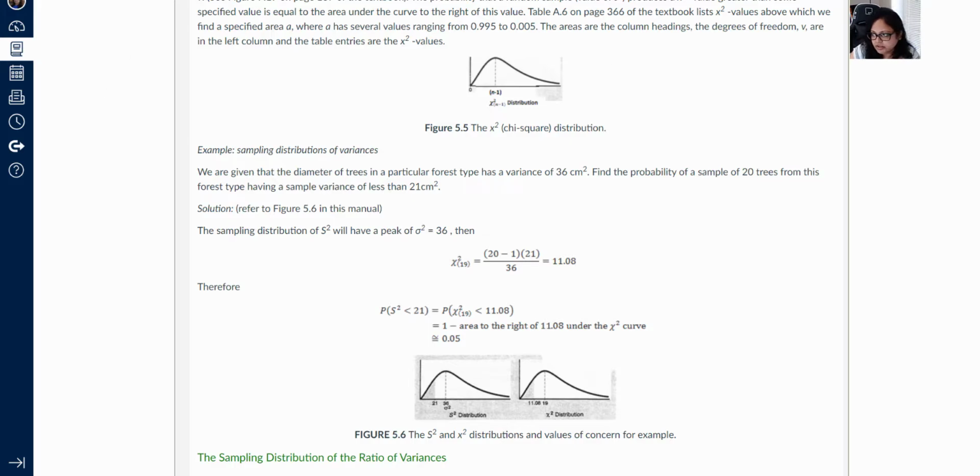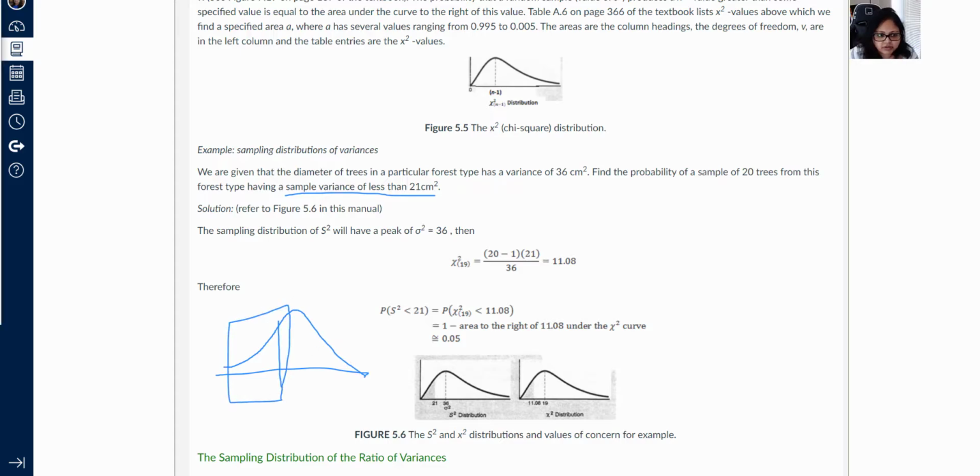Since we are talking about the less than area, we are asking for the probability of having a sample variance less than 21. So we are basically interested in the less than area.